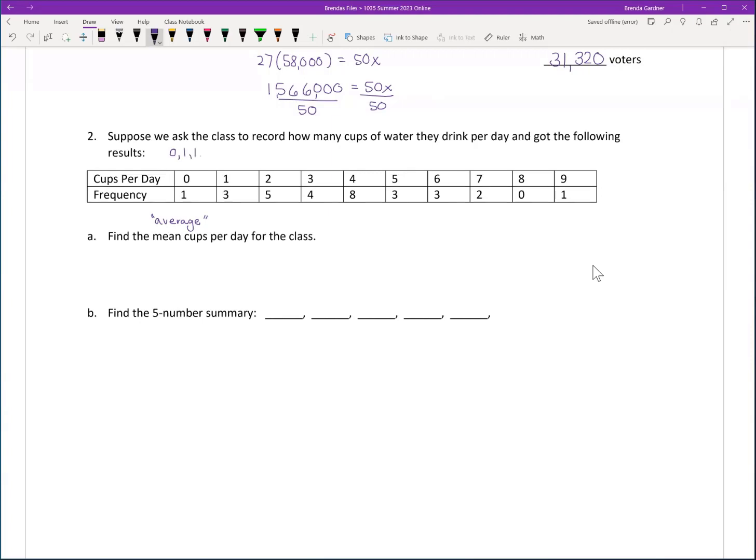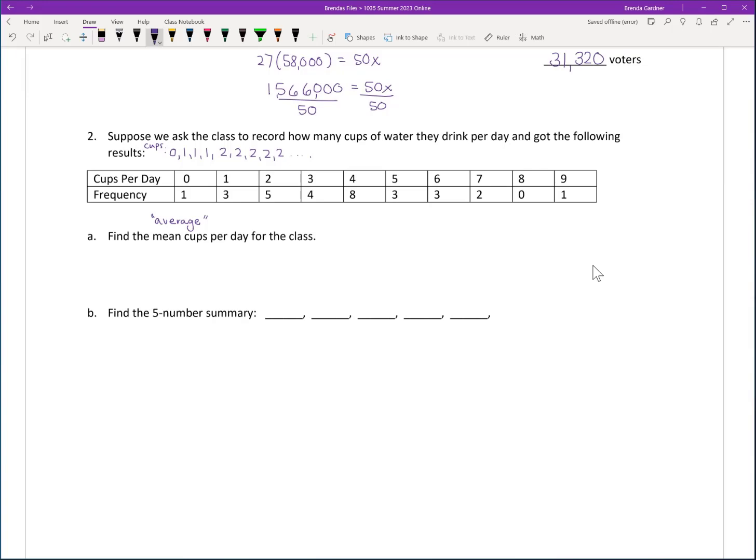So if I wrote that out as far as cups of water per day, I would have 3 ones, and I would have 5 2s, etc. And like if I was asking for the median, you don't want to necessarily have to write these all out and find the middle number. So we will do that in just a little bit, finding the median.